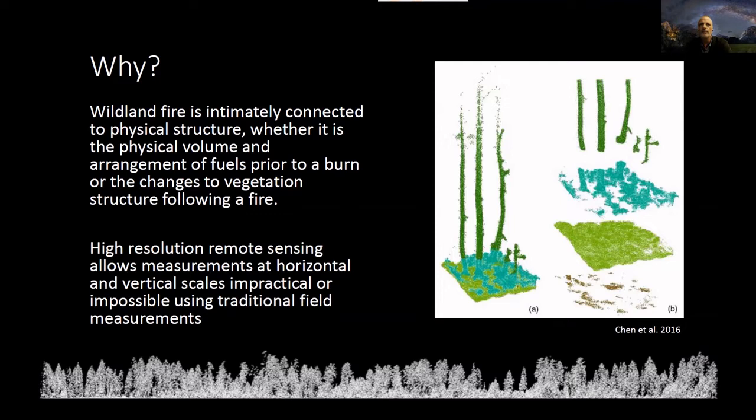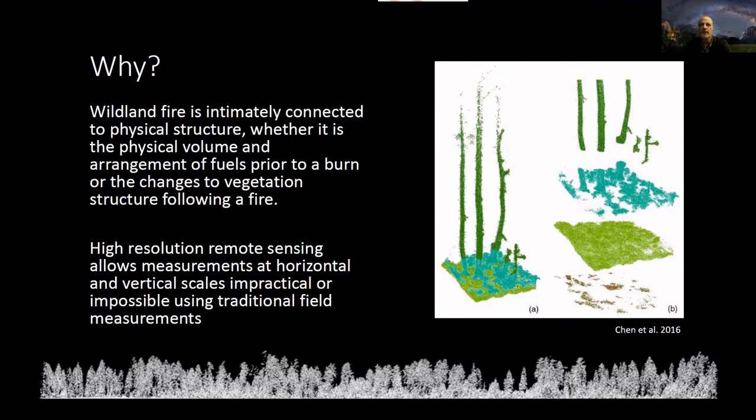And by using remote sensing, we can take measurements at scales or in ways that are simply impractical otherwise. For example, trying to measure the detailed forest canopy structure is extremely difficult from the field with traditional field methods. With remote sensing, it is fairly straightforward to do. And of course, we can do this at scales that are impractical.